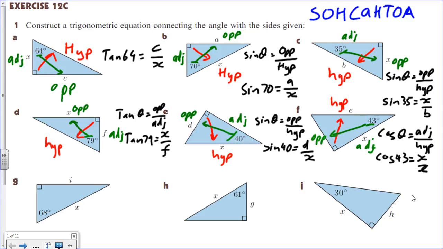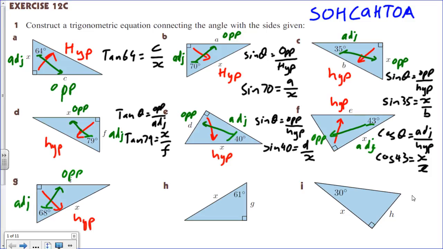Bottom row now. I have got my right angle. Opposite to that is my hypotenuse. Then I look at my angle. The side opposite that is my opposite side. The side next to it is my adjacent side. As you notice for each one of these, I've labelled all three sides every single time. Even though the data doesn't show all three sides, I've always labelled all three sides so I make no confusion about them.